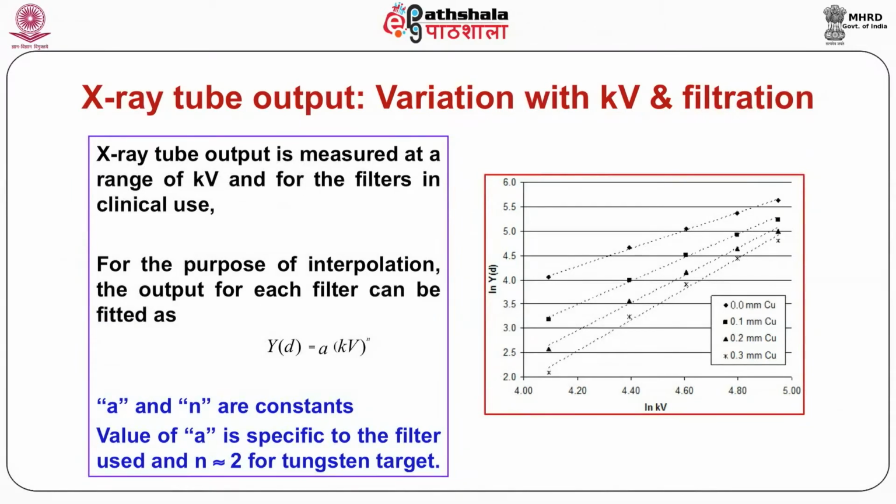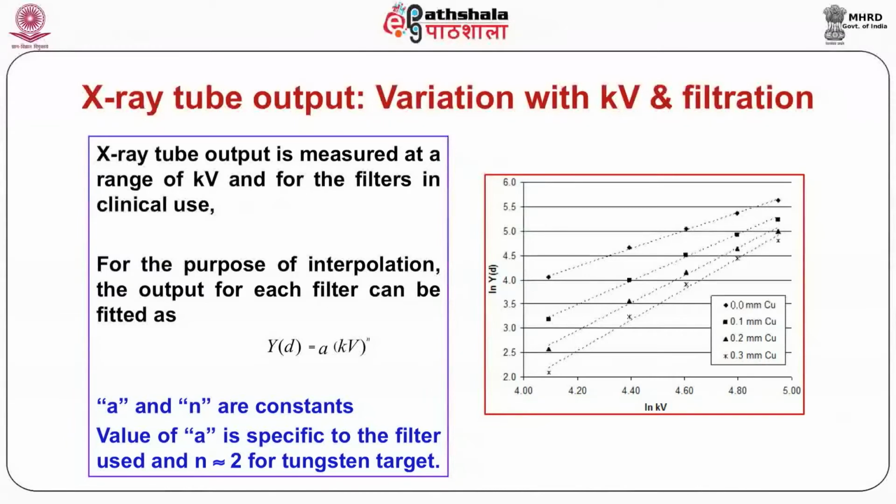Value of A is specific to the filter used and n is approximately equal to 2 for tungsten targets. Now the plot of log YD and log kV is also shown in this figure.